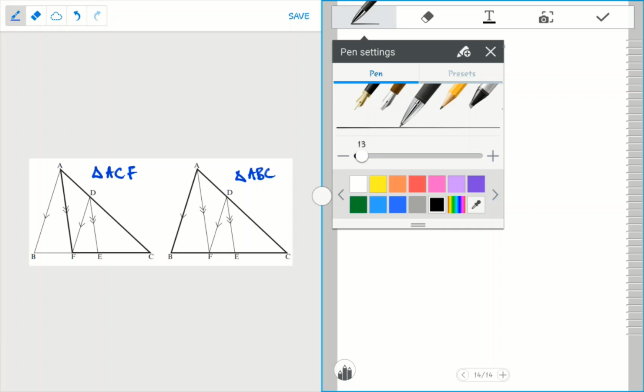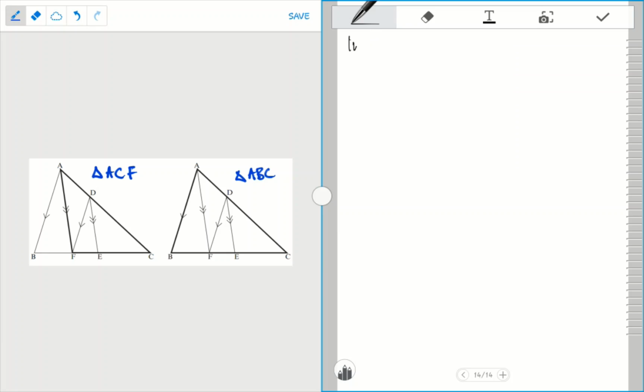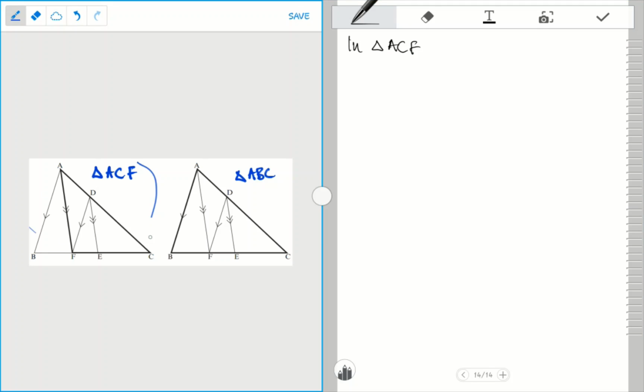Okay, so now we clearly have these two triangles. We just separated two triangles, and now we say in triangle ACF. Basically you need to specify which triangle I'm talking about. This means we are talking about this first one.